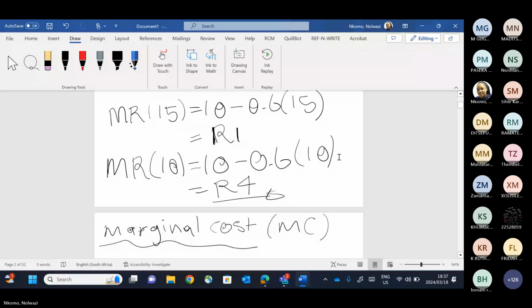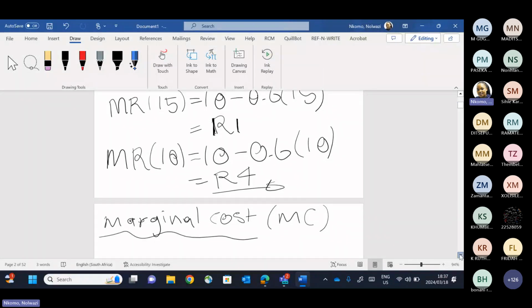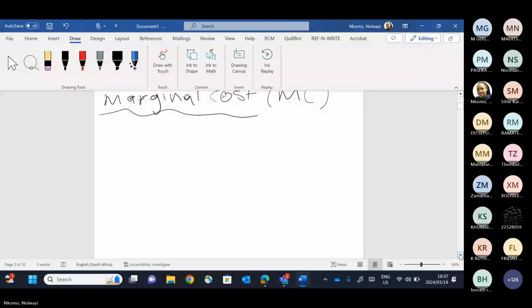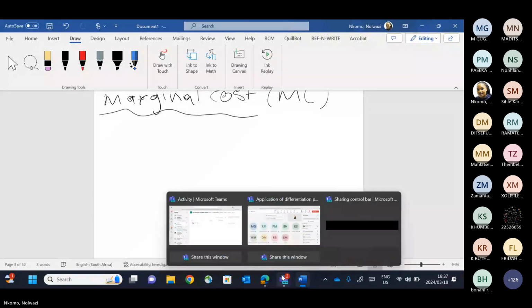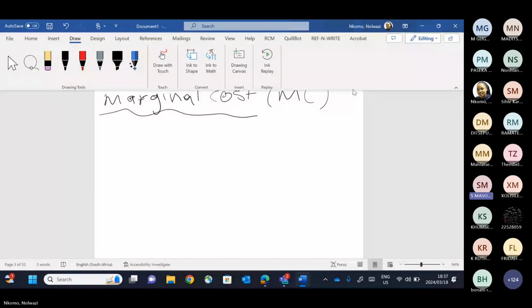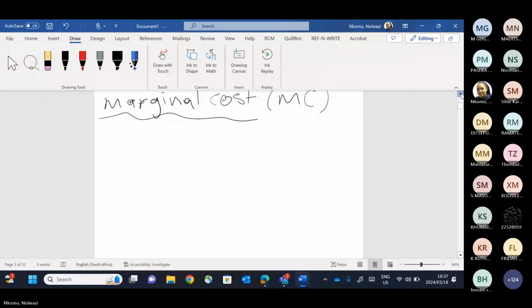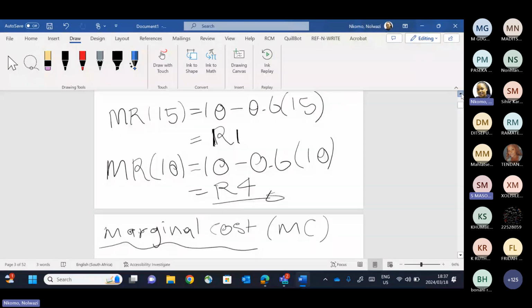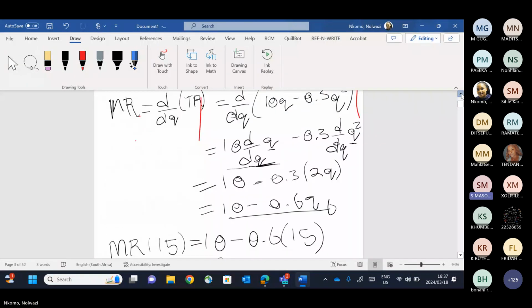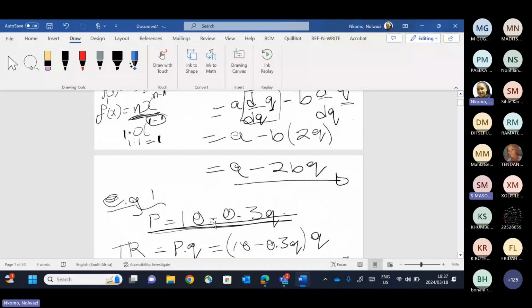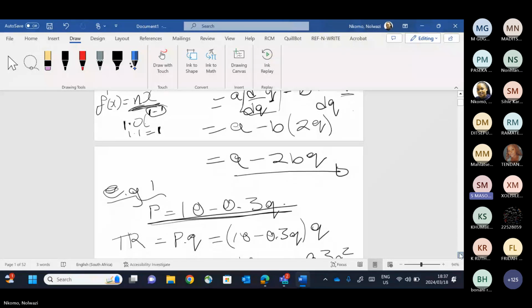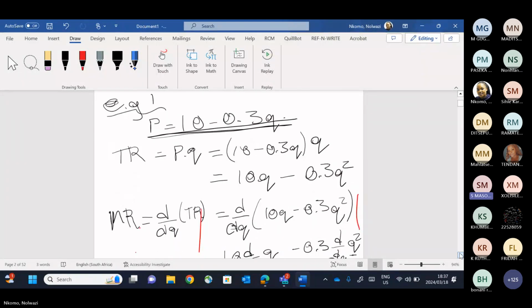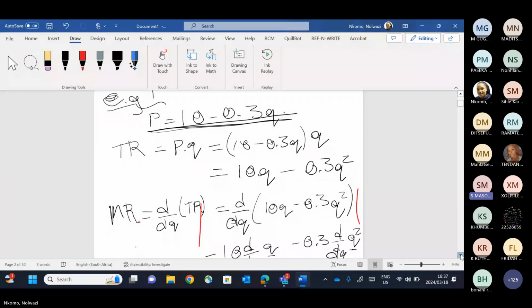Can you hear us? Yes. So what I wanted to ask, when you go up on that dQ over dQ, if you can just go up a little bit, that one, where it's d over dQ of 10Q minus 0.3 times Q squared.